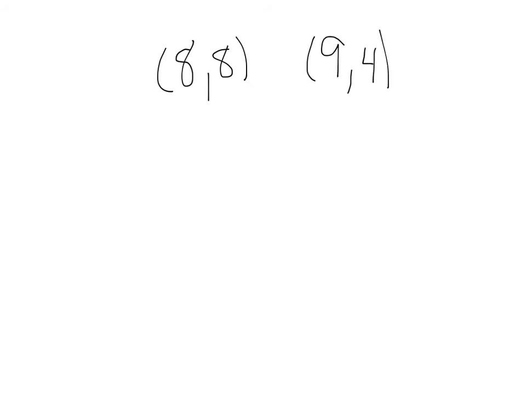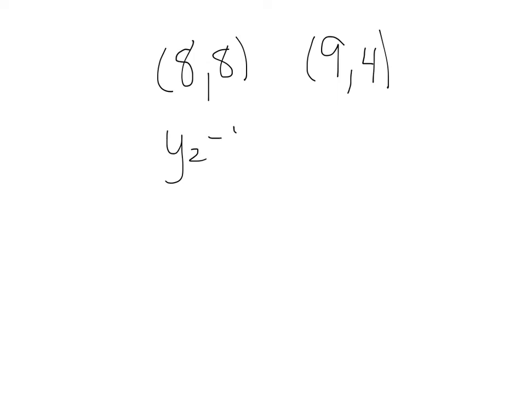Okay, my next problem is the points 8, 8 and 9, 4 fall on a line. What's the equation in point slope? Well, this is just like we were doing before, but this time I need to find the slope first.